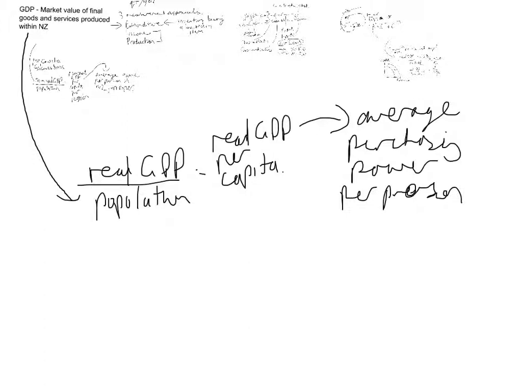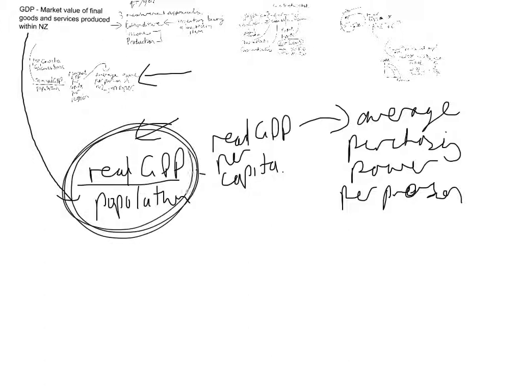Right, okay. Of the two that we've just discussed, the nominal GDP per capita and the real GDP per capita, which one do I want to know is increasing? It's this one here, isn't it? It's the real GDP per capita.